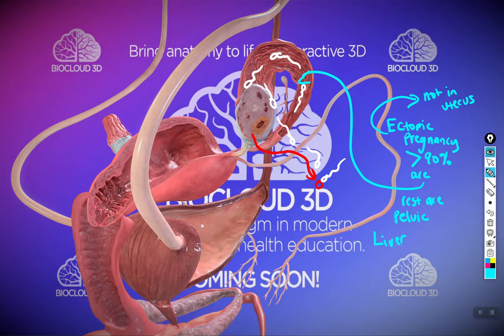That creates a really, really high likelihood that the developing embryo at some point will end up rupturing the artery, which causes very severe internal pelvic bleeding. And that, if left untreated, leads to death.